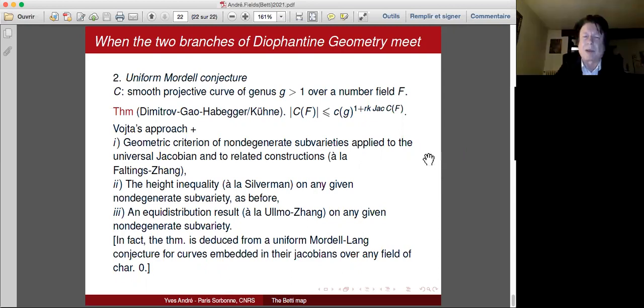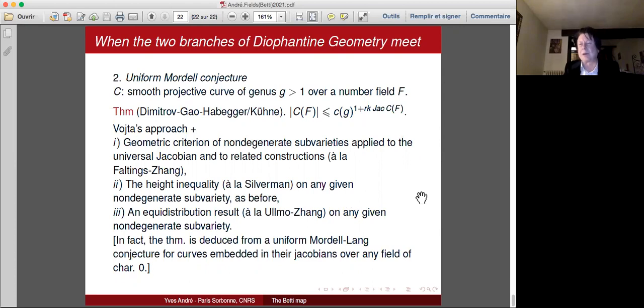The second point is the height inequality of Silverman, which I mentioned before, on any given non-degenerate subvariety. And the third point is an equidistribution result, Ullmo-Zhang if you want, which is due to Kühne, on any given non-degenerate subvariety.